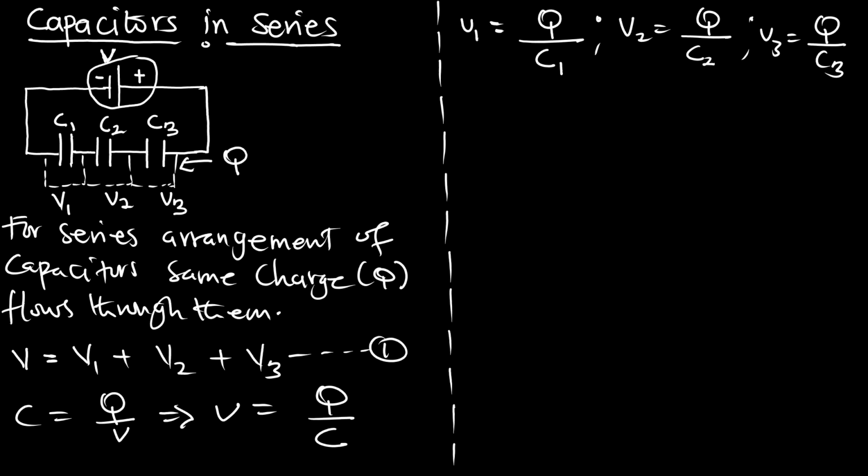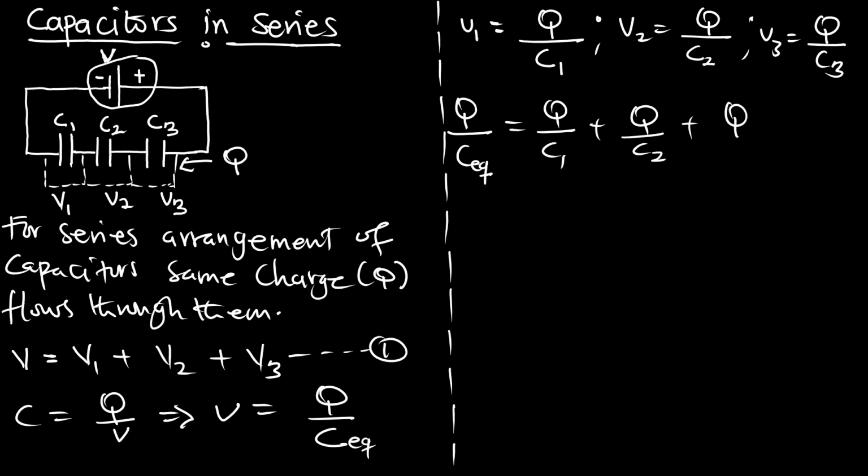So our V, let's call this C as the C equivalent. Our V is going to be the same charge on the C equivalent, which is the equivalent capacitance, equal to V1, now V1 is Q on C1, plus V2, Q on C2, plus we have V3, which is Q on C3.